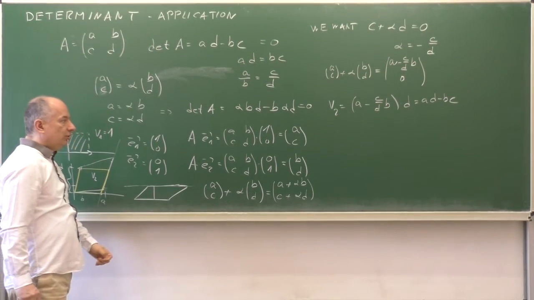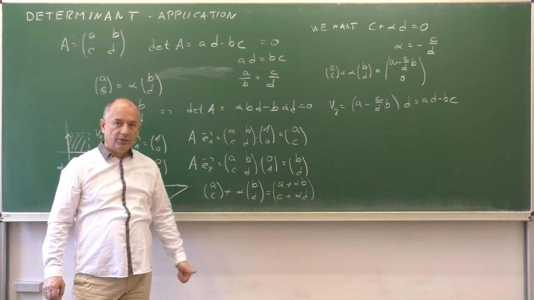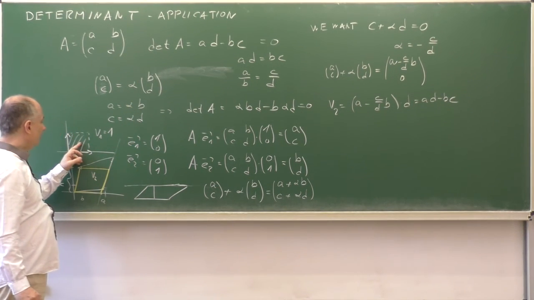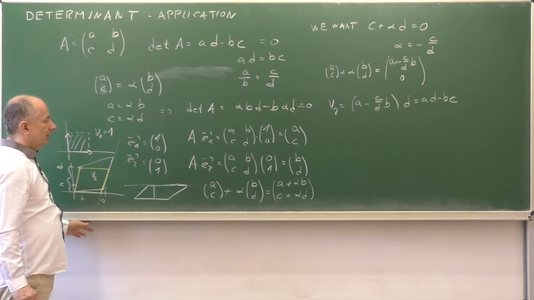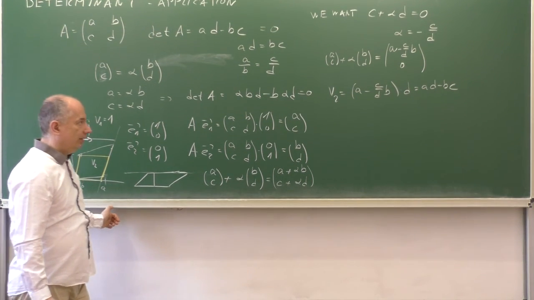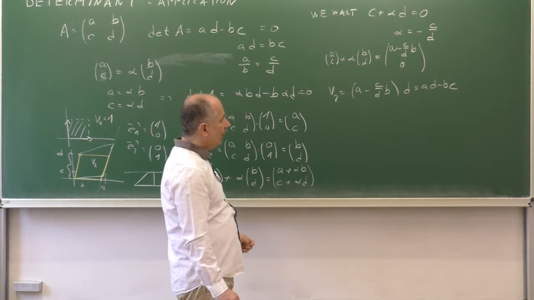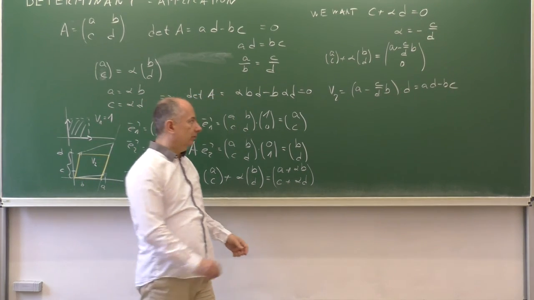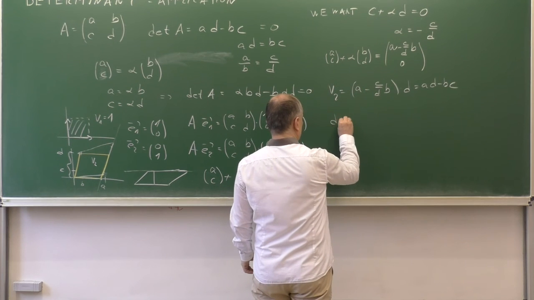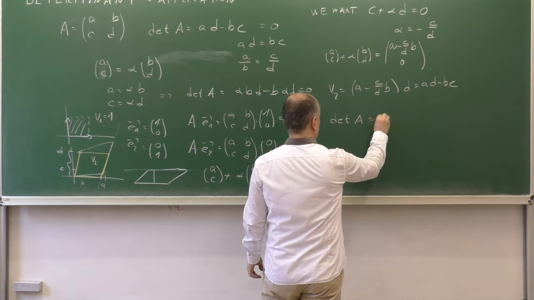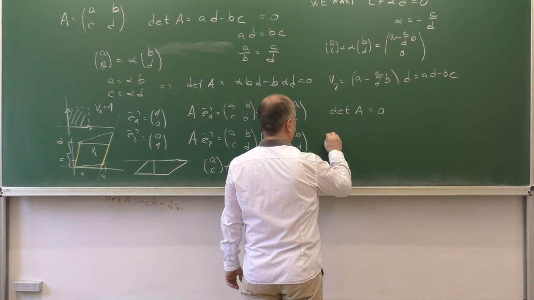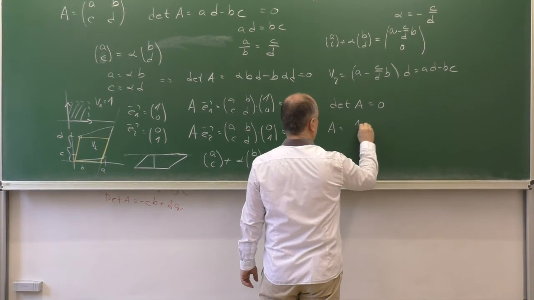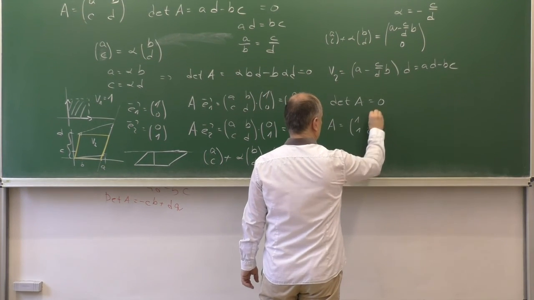And this remains true even in high-dimensional cases and even for other areas than a unit square. A special situation occurs when the determinant is equal to 0. An example may be a matrix, say 1, 2, 1, 2.